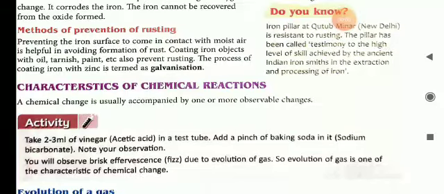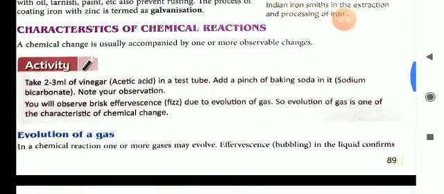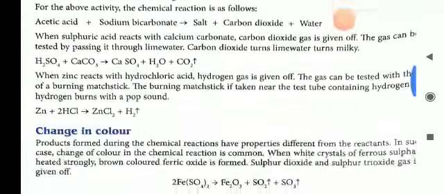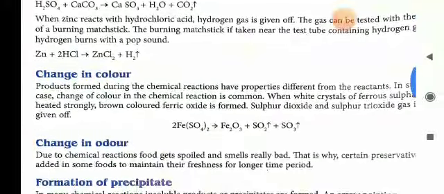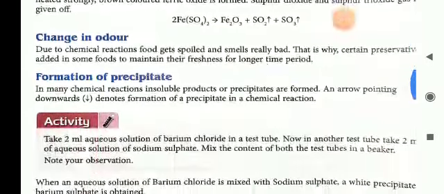So, we are in characteristics of chemical reaction. Four characteristics I had explained to you: evolution of a gas, change in color, change in odor, formation of precipitate.